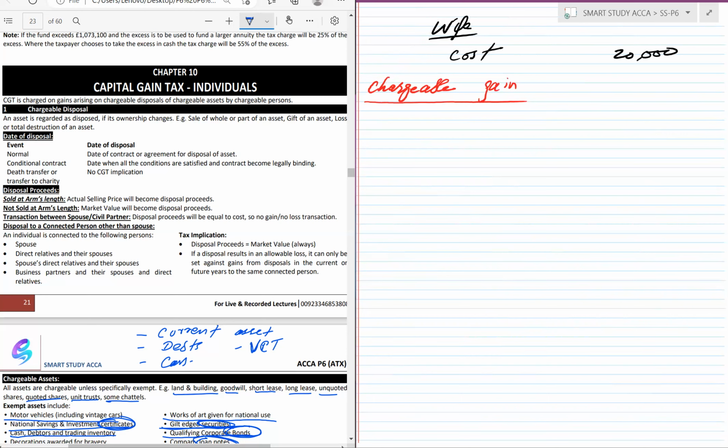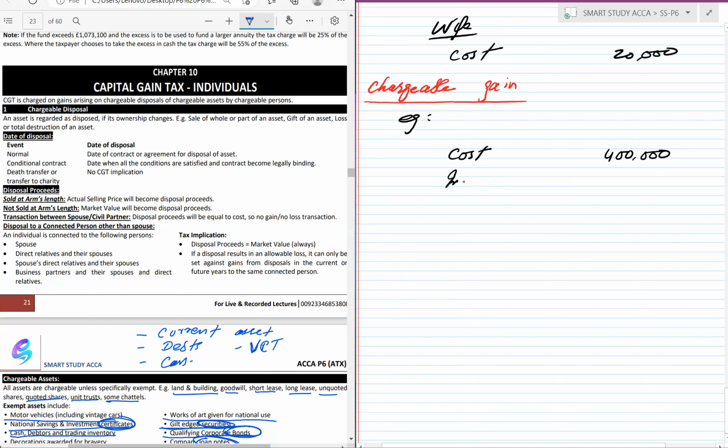For chargeable gains, things are very simple. Suppose we have purchased land and building for £400,000. At the time of purchase, there are a few extra costs related to the purchase of this property. Any extra costs are called incidental costs.